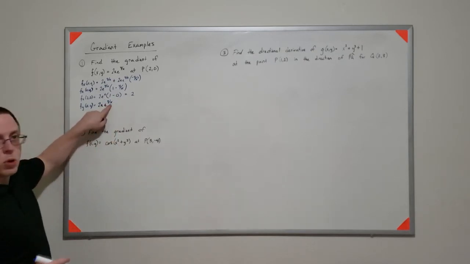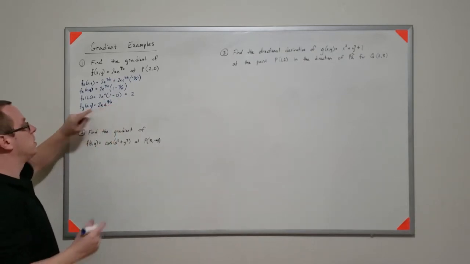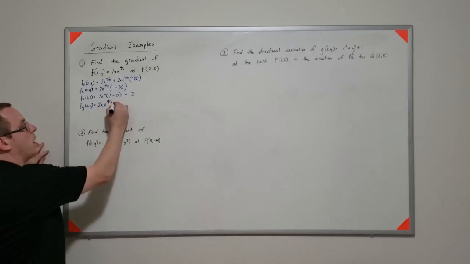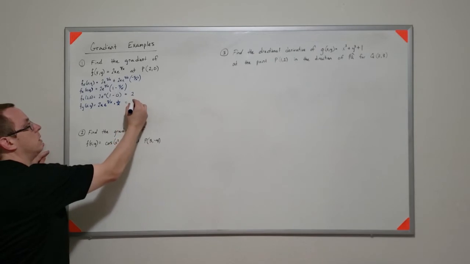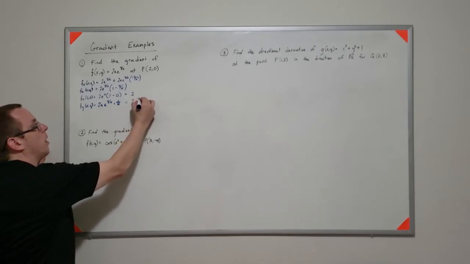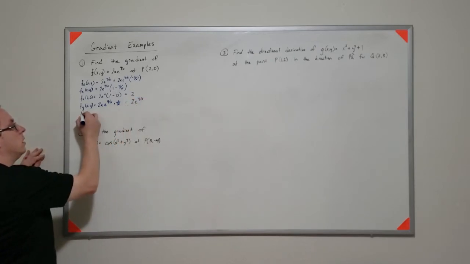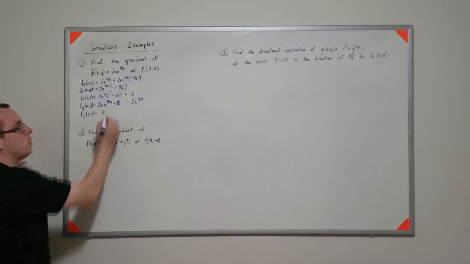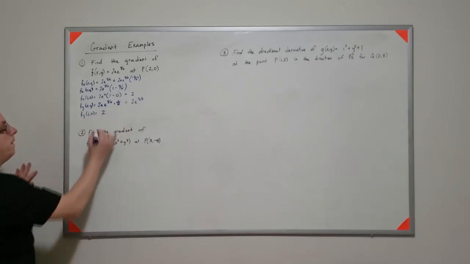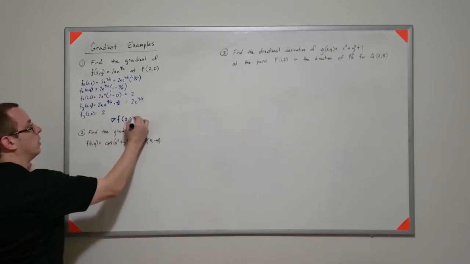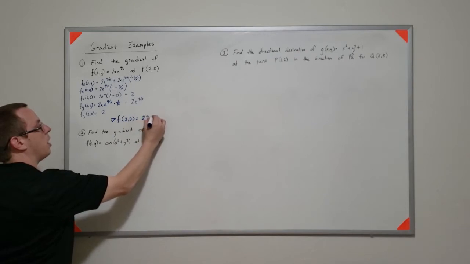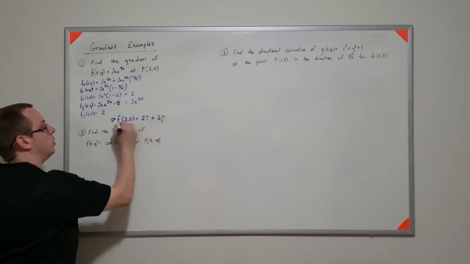And then we have to take the partial with respect to y of this. But everything is constant but that y, so it's just 1 over x. So that's 2e to the y over x. So our partial at 2, 0 is also just 2, which tells me that my gradient is 2i plus 2j.